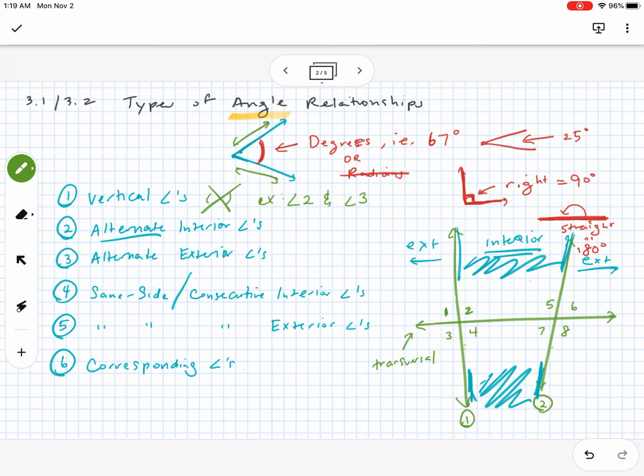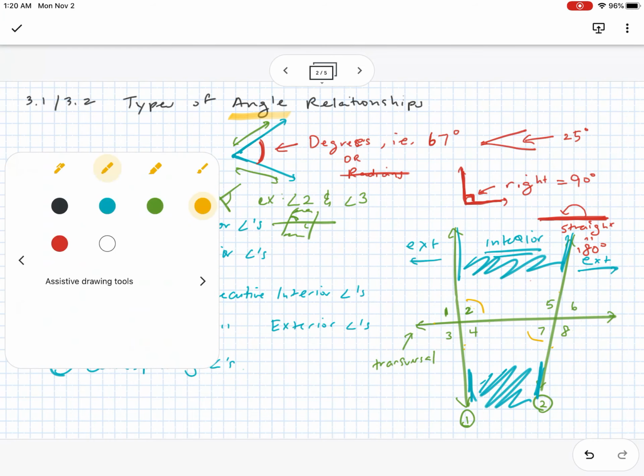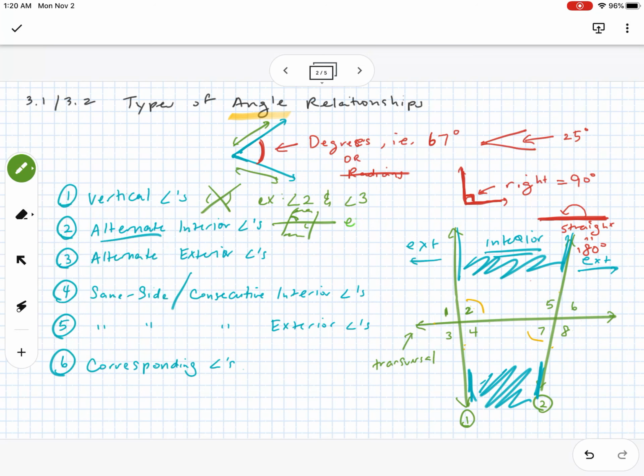And so when we say alternate interior, we're talking about alternating, right? So when we say interior, we know we're looking here, and we're talking about the angles that alternate like that. Okay, so in this case here, we have angle 2 and angle 7, or angle 4 and angle 5. So that's the way we would write an example out. An example would be like angle 4 and angle 5.